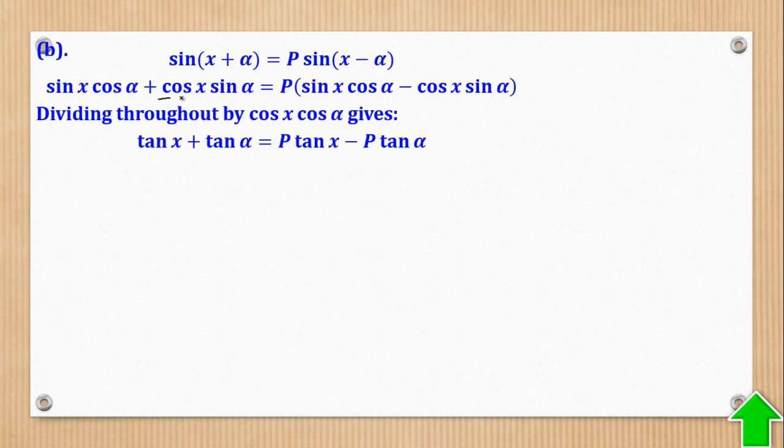Okay, then this divided by this, you realize that cos x cancels, then sine over cos gives you tan alpha. Then this divided by this, cos cancels, then this over this gives you tan x. And this divided by this, the cos x cancels, remain with this over this to give you tan alpha.